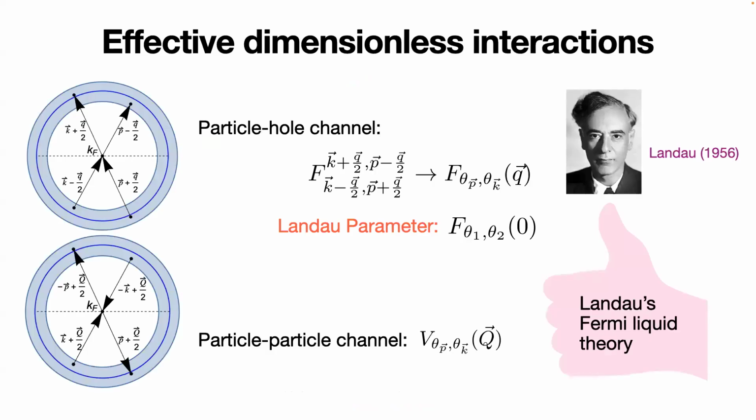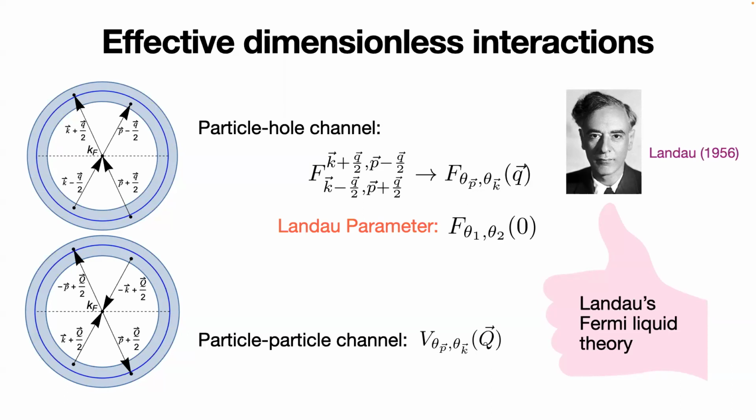These interactions generally depend on momentum. As I showed before, these 3 independent momenta are largely constrained due to the low energy effect, as the scattering should be very close to the Fermi surface. Then the interactions should depend on the angle of the two large momenta, and they can also depend on the very small momentum transfer and the center of mass momentum.